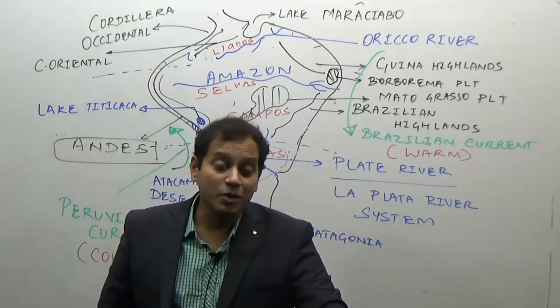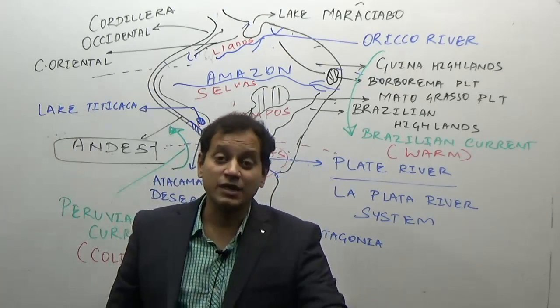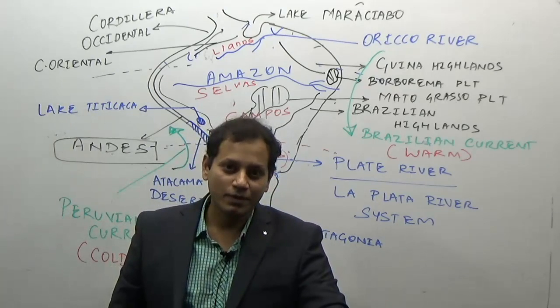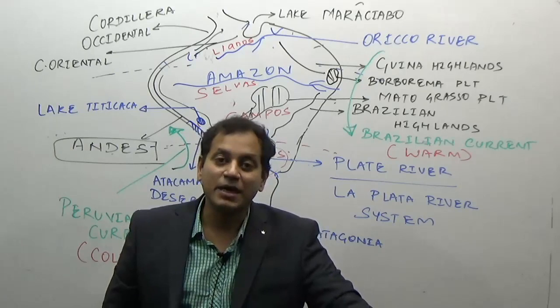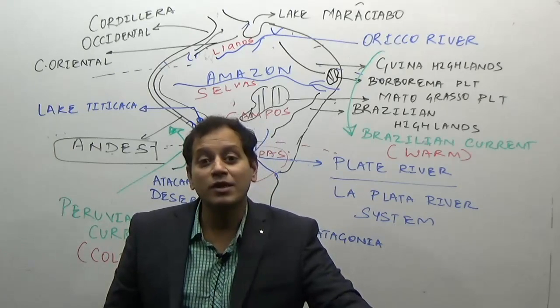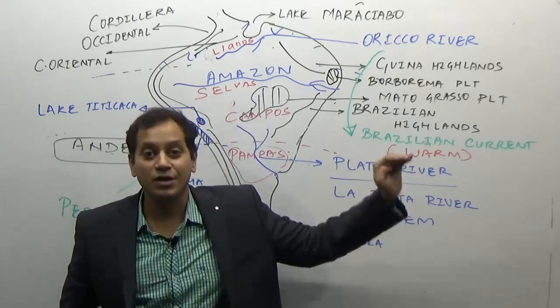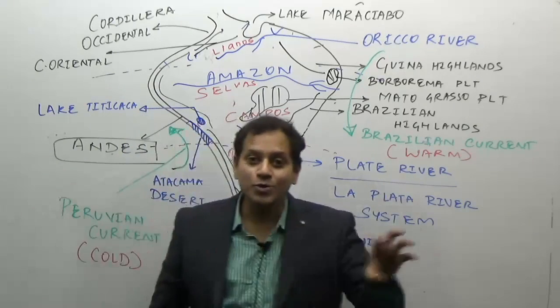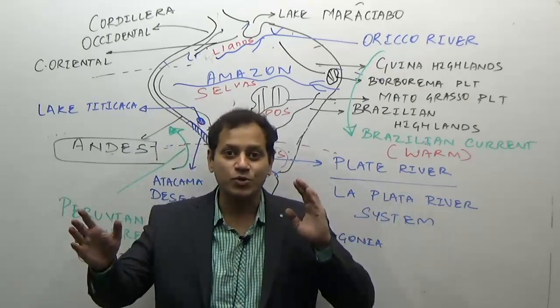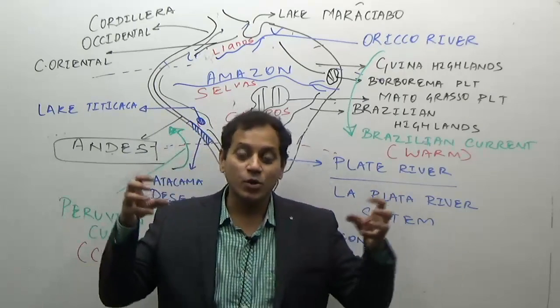The other thing about the Peruvian current: whenever this Peruvian current disappears, its place is taken by a warm current instead of the cold current, which is known as the El Nino current. And if you are following the newspapers, you know that the Indian monsoon and El Nino are closely related.